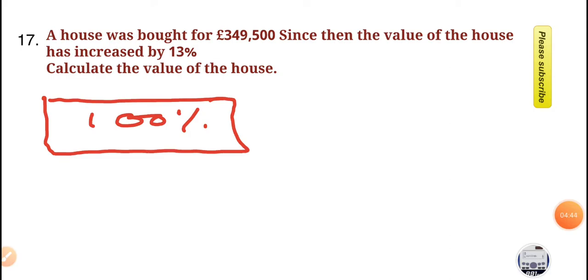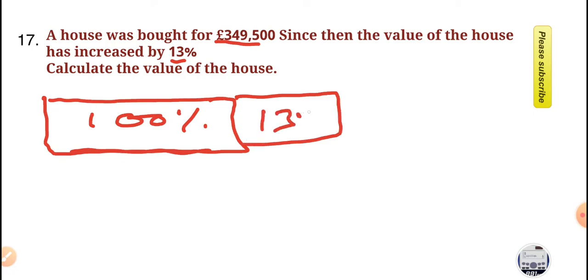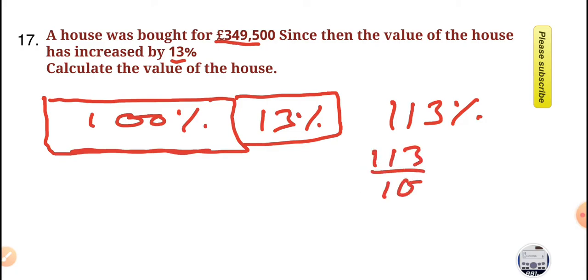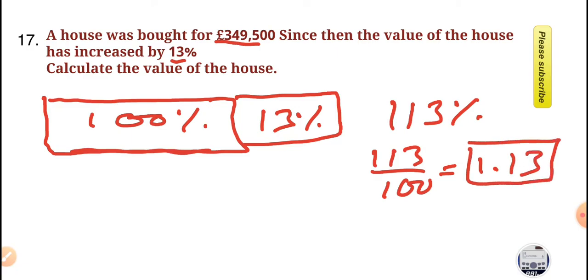Question 17. A house was bought for 349,500. Since then, the value of the house has increased by 13%. Calculate the value of the house after the increase. So the original 349,500 is 100%. Now if it's increased by 13%, you're adding another 13%. So in total now you have 113%. So if you divide that by 100, you get 1.13, and this is your decimal multiplier.